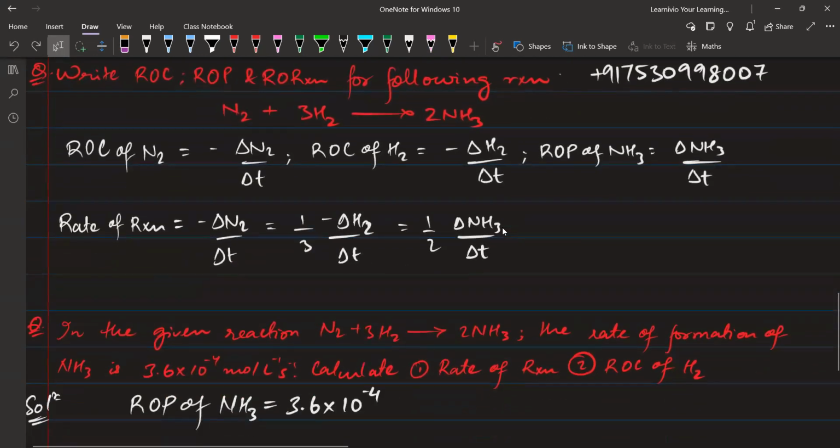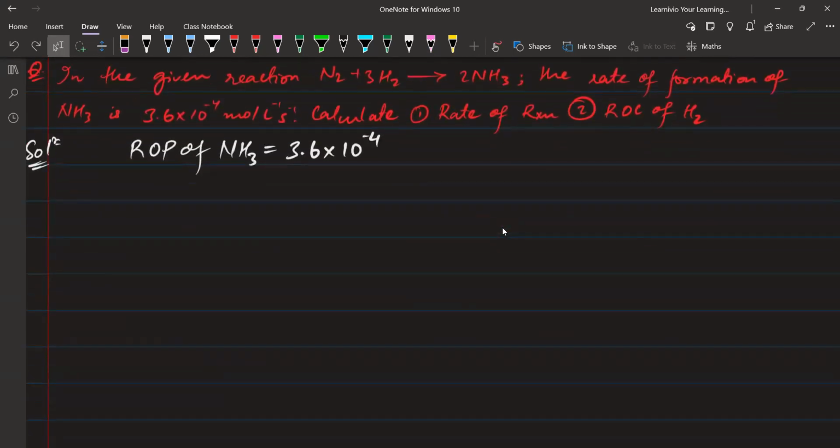In the given question, according to whatever is given, which formula should we apply? The rate formula or the delta formula? Rate formula.